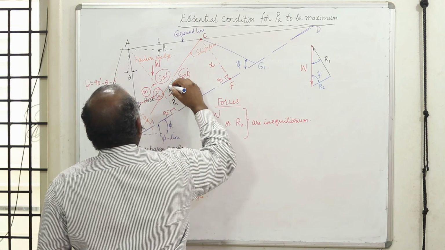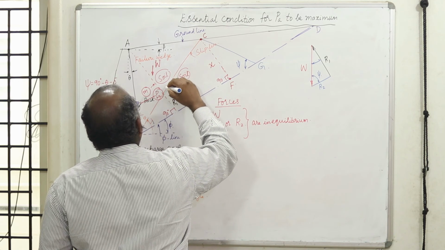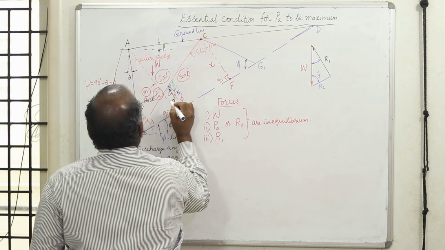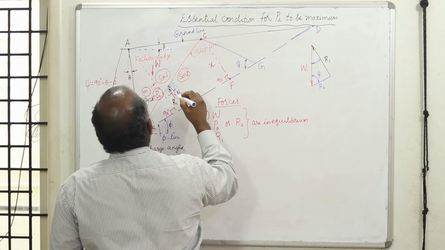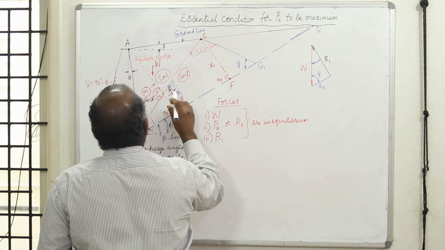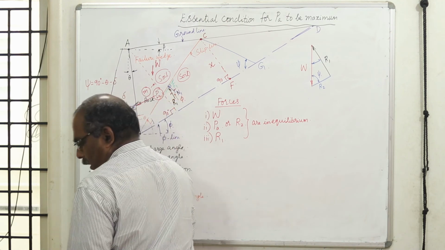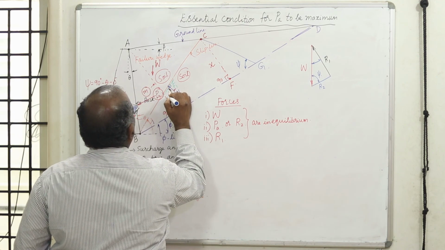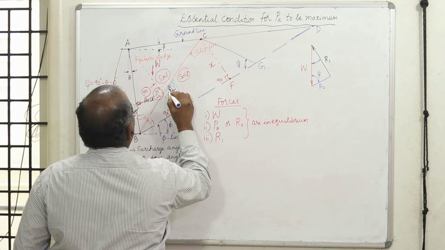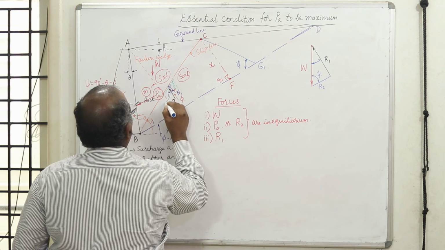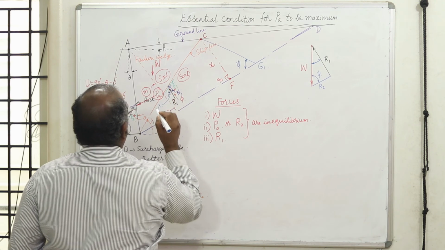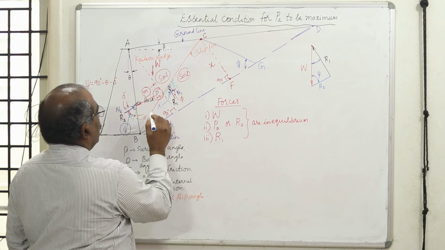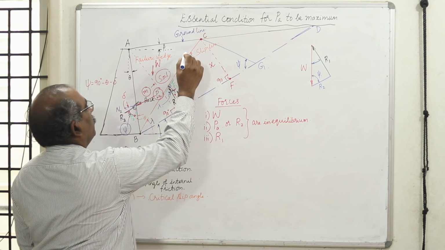Now, look here, this is normal to the surface, and if I draw a vertical here, this angle will be lambda, because lambda is the angle between the horizontal and the inclined surface, that is the slip plane.